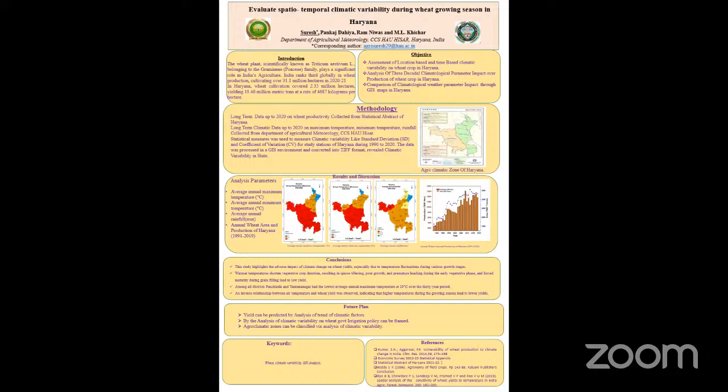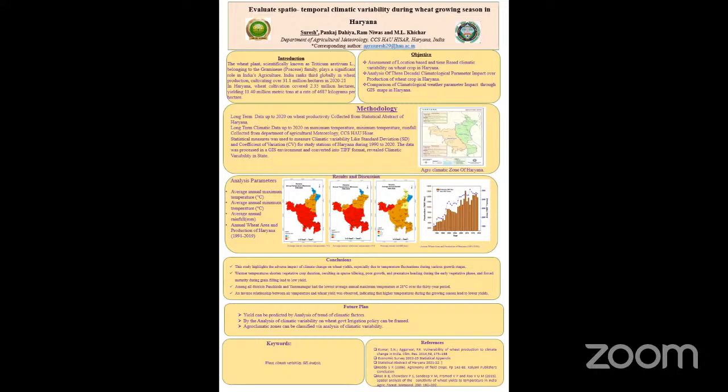These are my objectives: assessment of location-based and time-based climatic variability of wheat crop in Haryana, analysis of 3-decadal climatological parameter impact over production of wheat in Haryana, and comparison of climatological weather parameter impact through GIS maps.